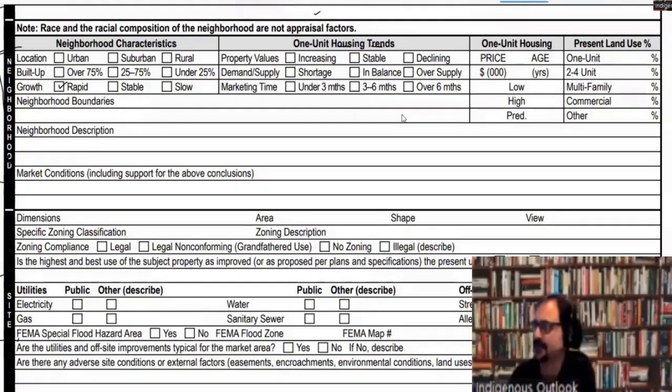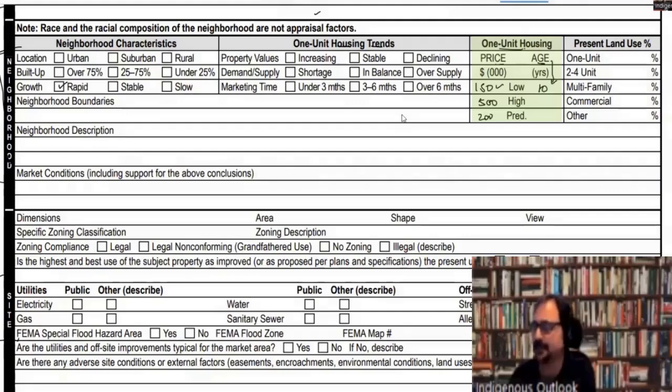Now the 1 unit housing, again trend, price, age. Whatever the price, I'm writing here, maybe 150 means 150,000. Its high could be 500 and predominant could be, let's say, 200,000. The lowest property that has been sold here was 10 years old, sold for 150,000.